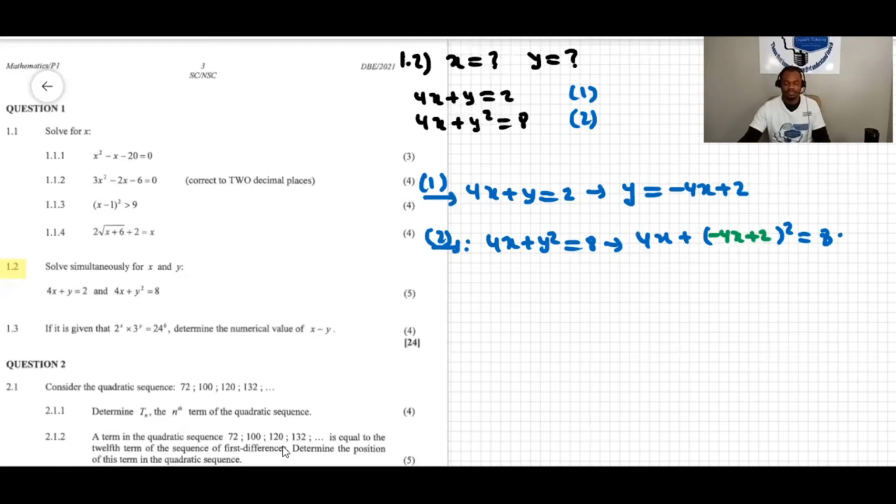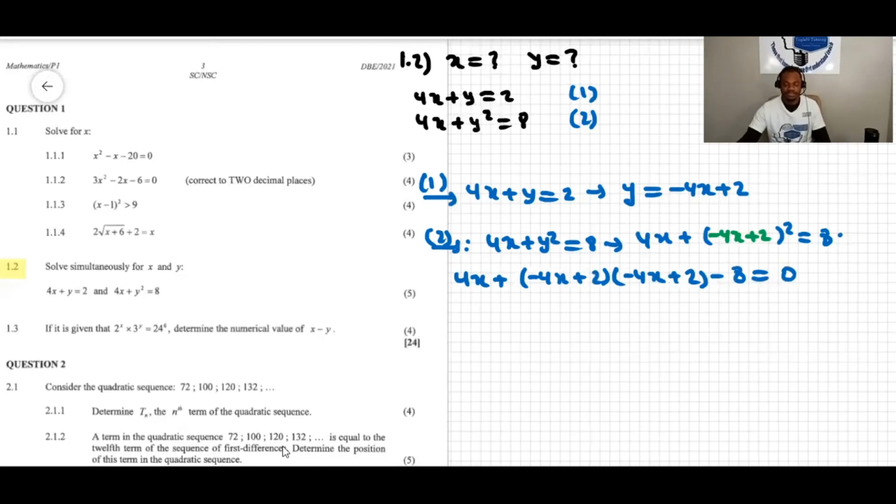So equation 2 will be 4x plus (negative 4x plus 2) times (negative 4x plus 2) minus 8 equal to 0.